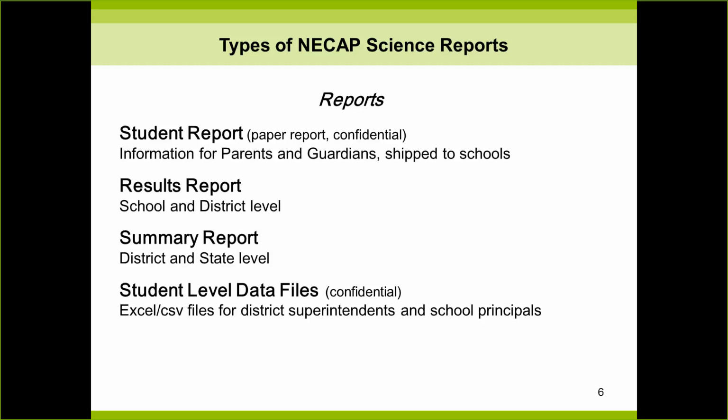NECAP Science reports can be broken down into two main categories: static, that is non-interactive reports, and interactive reports. The NECAP static reports are the following: the student report, a paper report that is printed and shipped to schools; the results report, a school and district level report that is available via the NECAP analysis and reporting system; the summary report, a high-level district and state report also available via NARS; and the student level data files, which can also be retrieved via NARS.